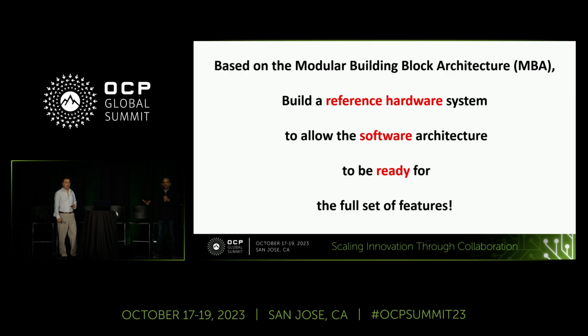Once you have a reference system, then you can develop software on top of it, almost like when the first iPhone was introduced and then you develop apps on top of that. Then you iterate your reference systems, and you use the same software to drive, and that basically is a flywheel which is going to get in motion to make all of this work.